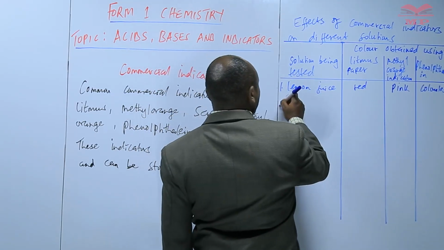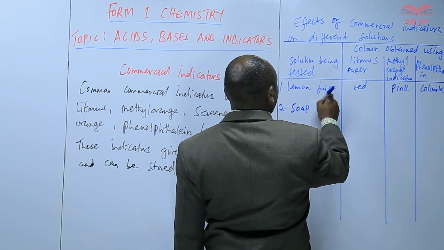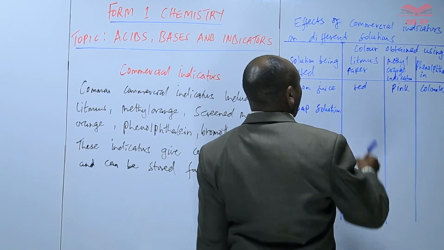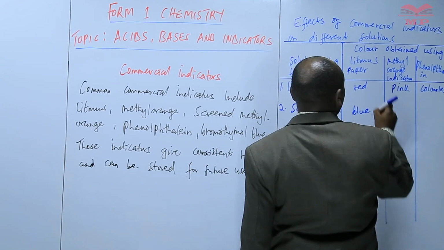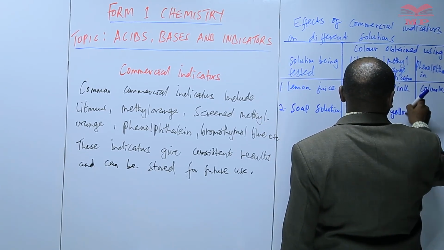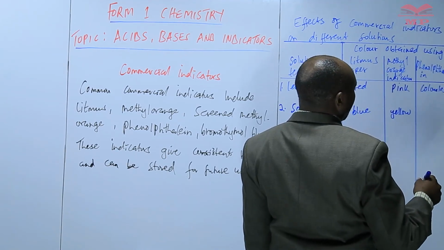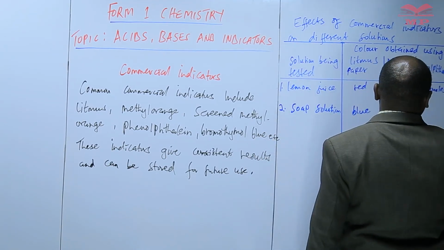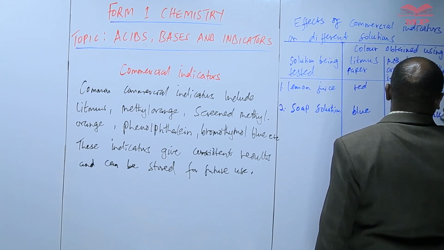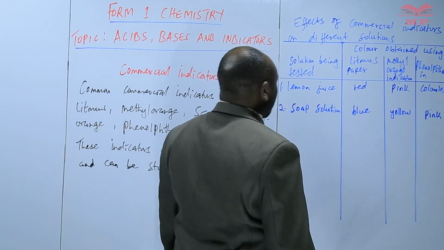On the other hand, if we use something like soap solution, with litmus the color will be blue, with methyl orange the color will be yellow, and with phenolphthalein the color will be pink. You can see all of them are giving us different colors.